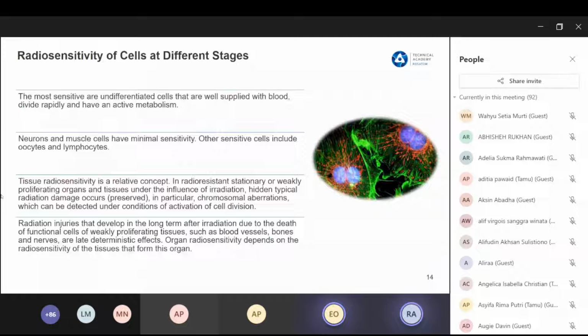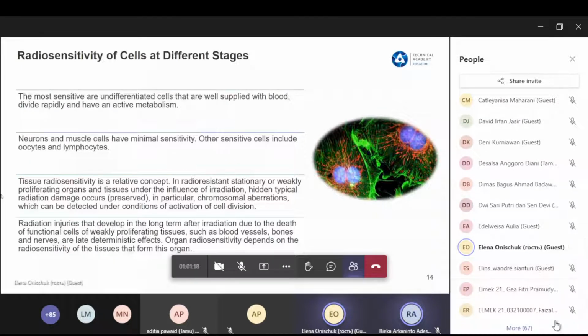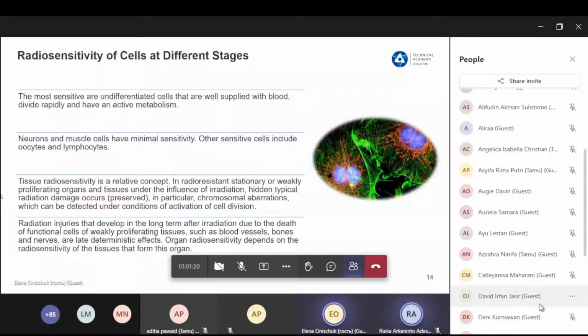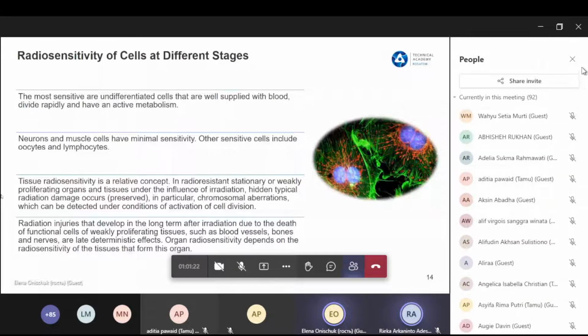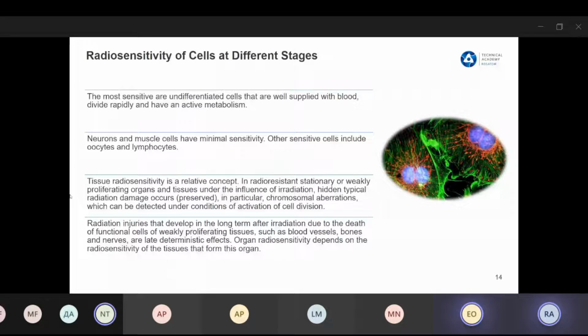Radiation injuries that develop in the long term after irradiation due to the death of functional cells of weakly proliferating tissues, such as blood vessels, bones, and nerves, are late deterministic effects.